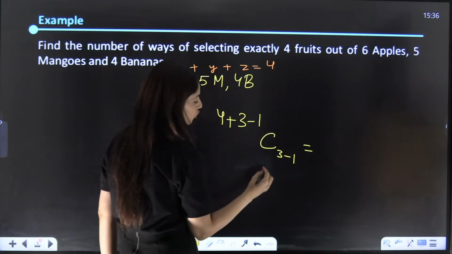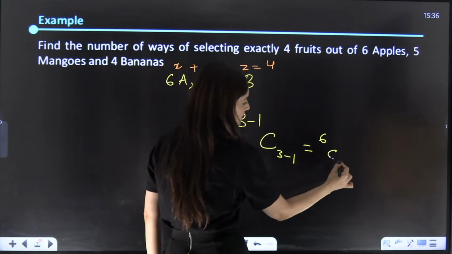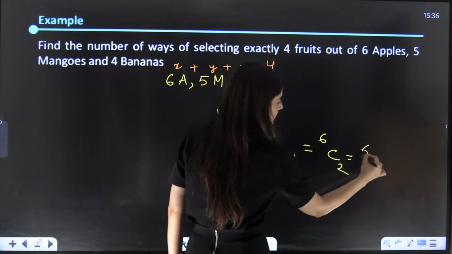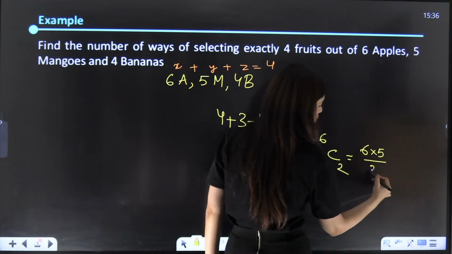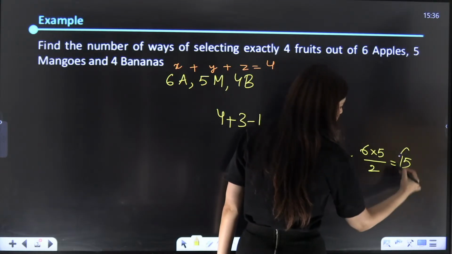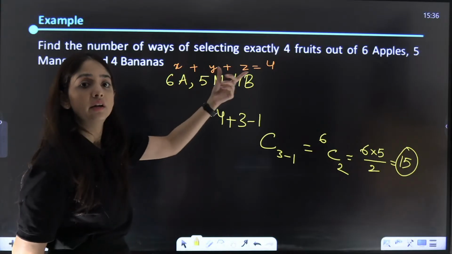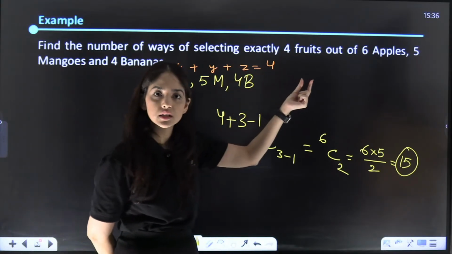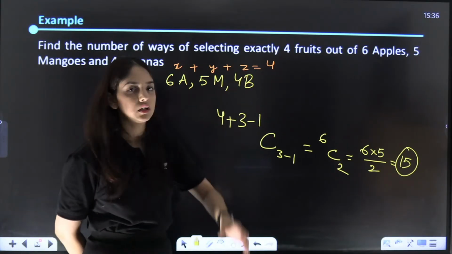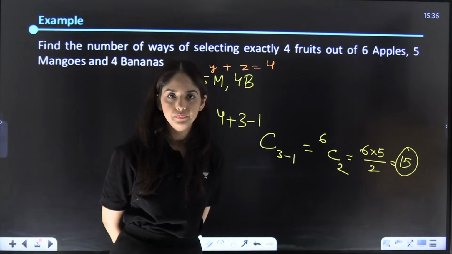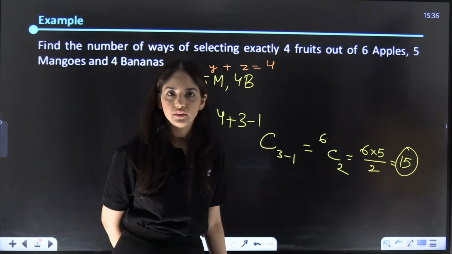So we get 4 plus 2, 6C2. That is 6 into 5 by 2. Again we get the same answer, 15. So this is the same as distributing 4 objects into 3 different partitions, right? So this is another method.